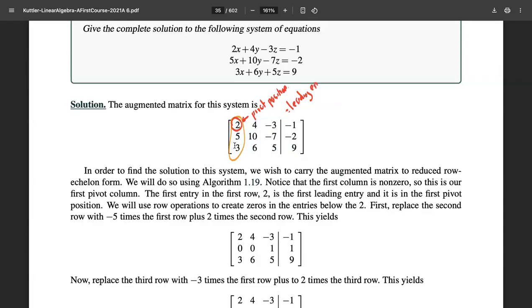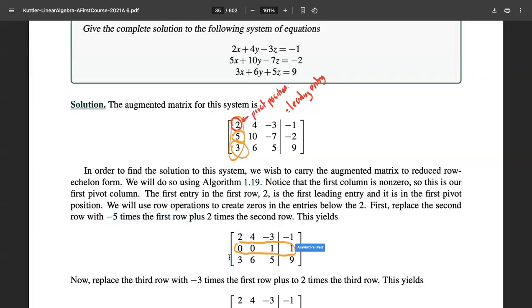All right. So what we want to do is use row operations to make my 5 and 3 into zeros. So first I'll replace the second row with -5 times the first row plus 2 times the second row. That would change my second row to this.